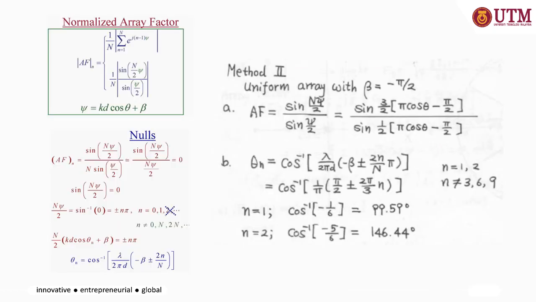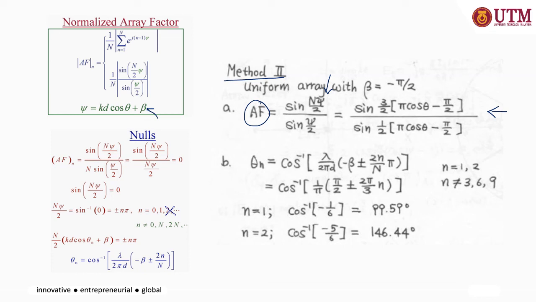To solve the example, you can use method 1 or method 2, but in this sample solution it uses method 2, which uses the sine function of psi, where psi is equal to kd cos theta plus beta. The array factor is given by this equation. If theta is known, you can determine the overall AF.